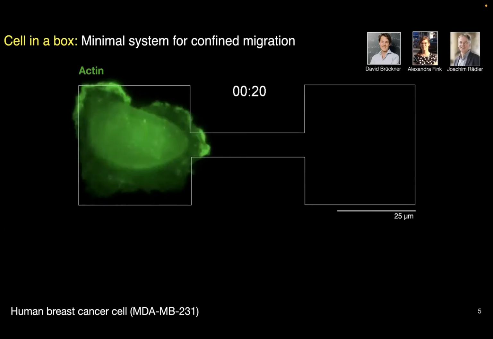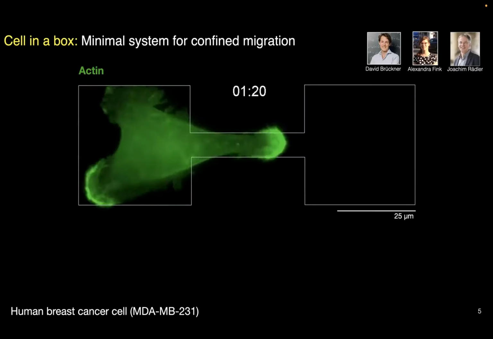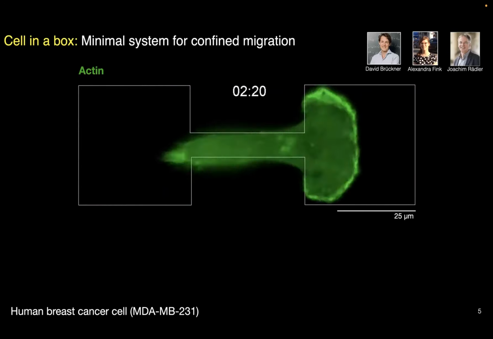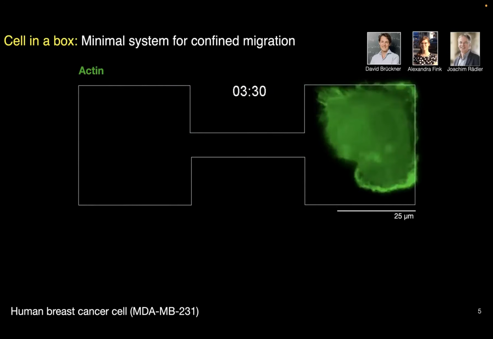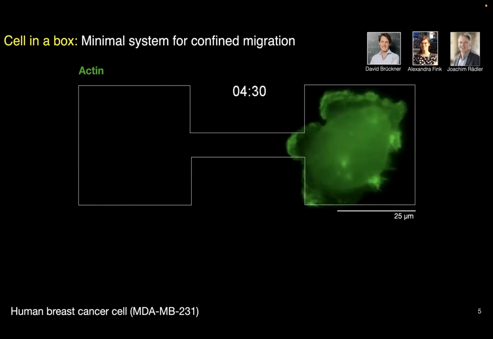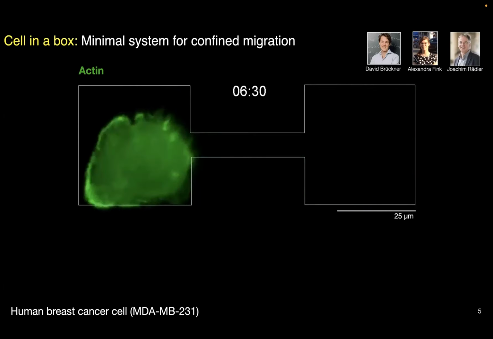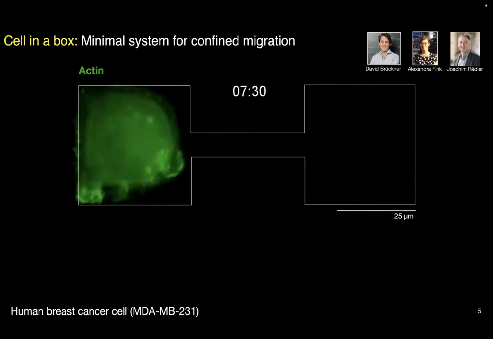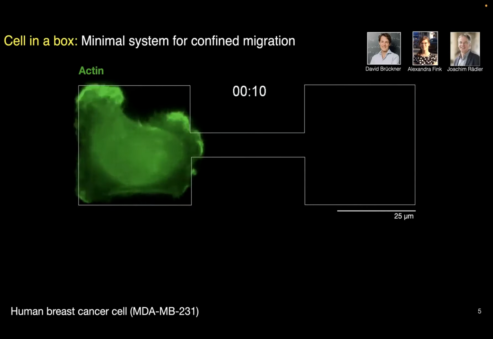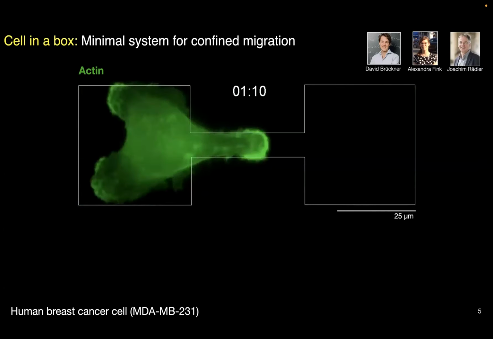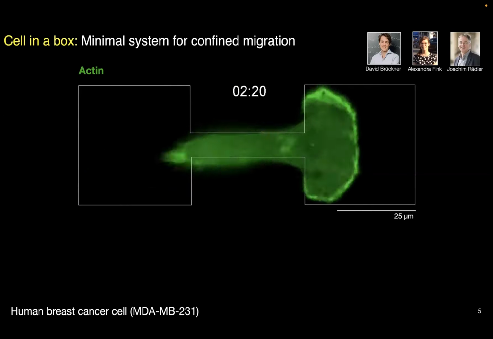And one of the environments they created is this kind of cell in a box experiment. It's a dumbbell-shaped micropattern. The idea of these micropatterns is that they're just two-dimensional patterns, but they're coded in an interesting way. Everything inside the white boundaries is coated with fibronectin, so cells can form focal adhesions and adhere to the substrate.